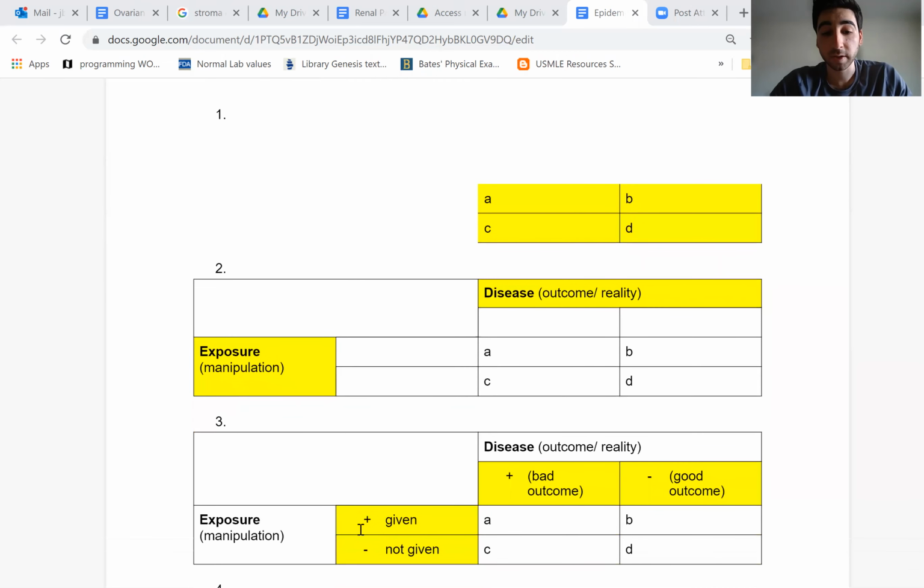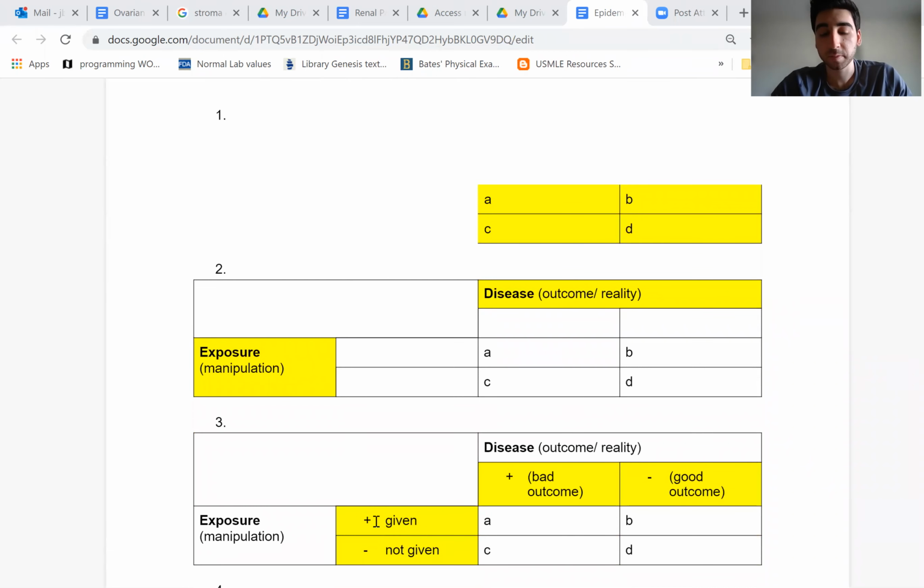And then after you've done that, you're going to put plus and minus from left to right and from up to down, above and to the left of this table. One thing that may be slightly confusing is that when you put plus for disease, this is actually the bad outcome. Even though we associate plus with a good thing, plus for disease is a bad outcome.